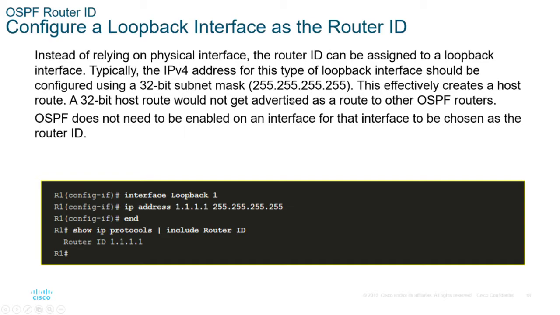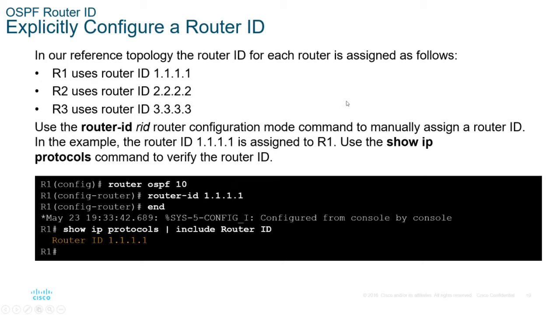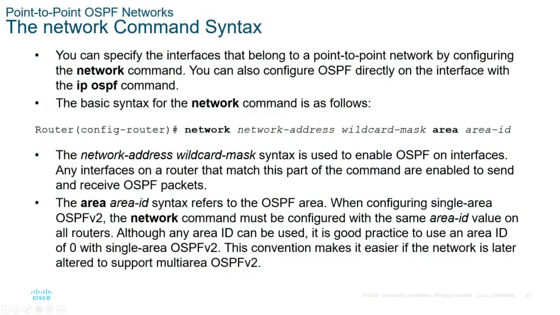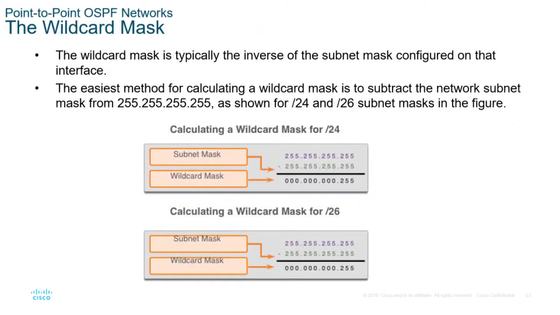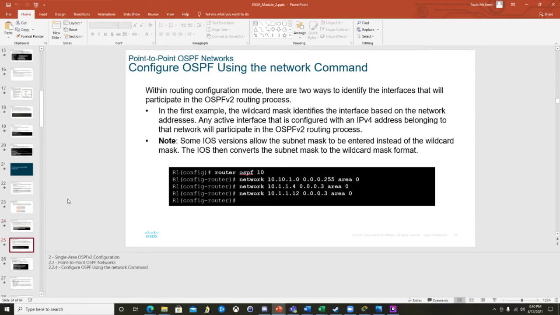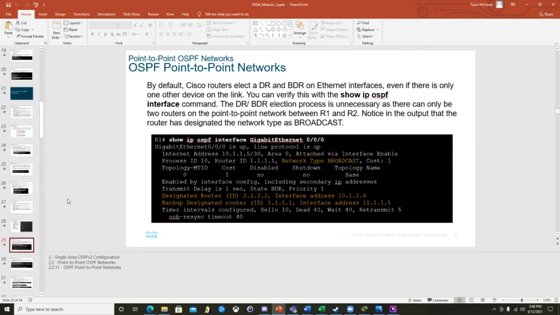Probably stick with something like what I did, which is like 3.3.3.3, 2.2.2.2, 1.1.1.1, just to keep it a little easier for yourself. Again, I kind of showed that as well. So we're going to do kind of a skip a few as we go through this. So I talked about wildcard masks. And we went over passive interfaces already.